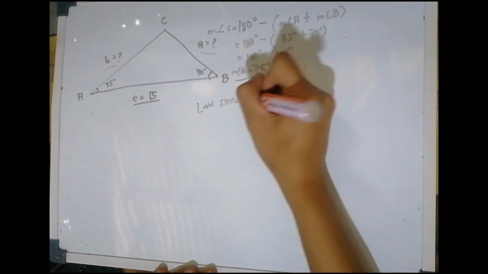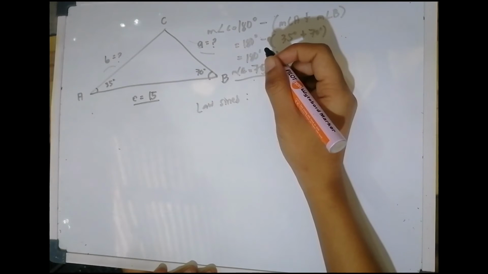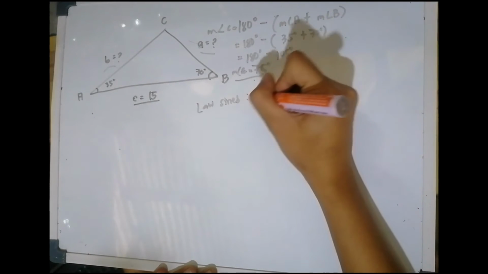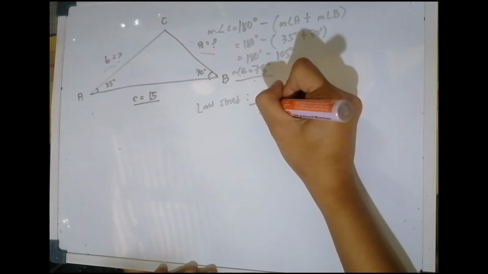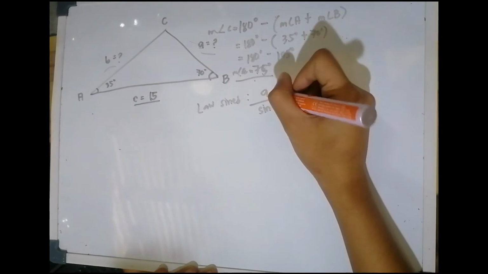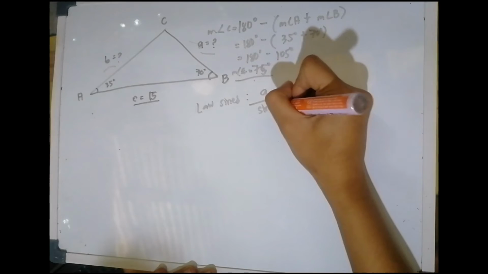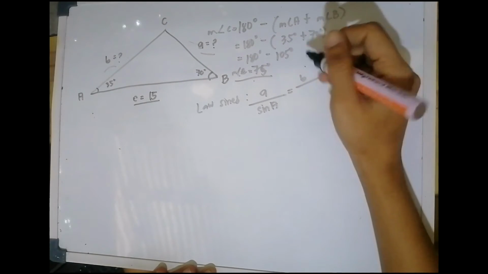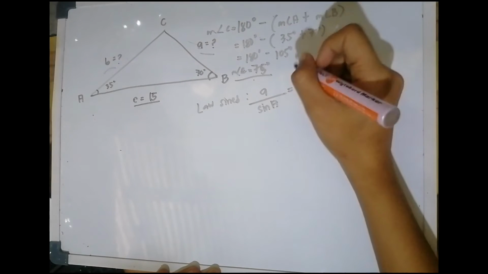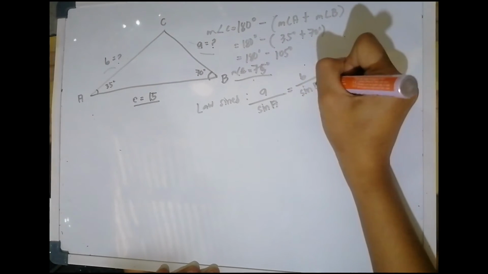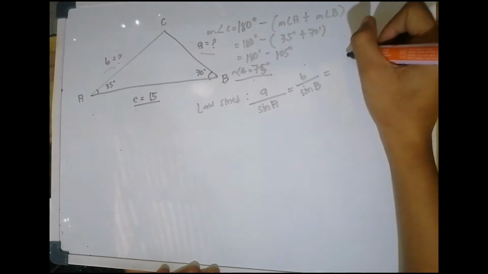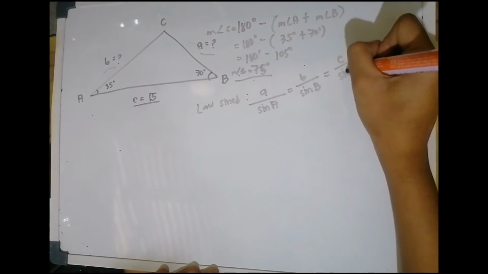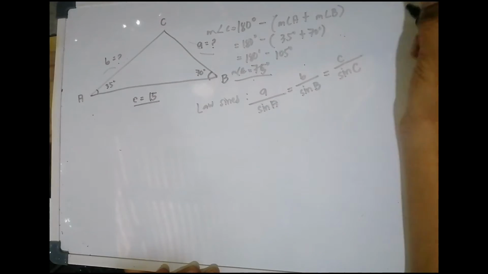The law of sines states that the ratio between side A and the sine of angle A is equal to the ratio of side B over the sine of angle B, and it is also equal to side C over the sine of angle C.